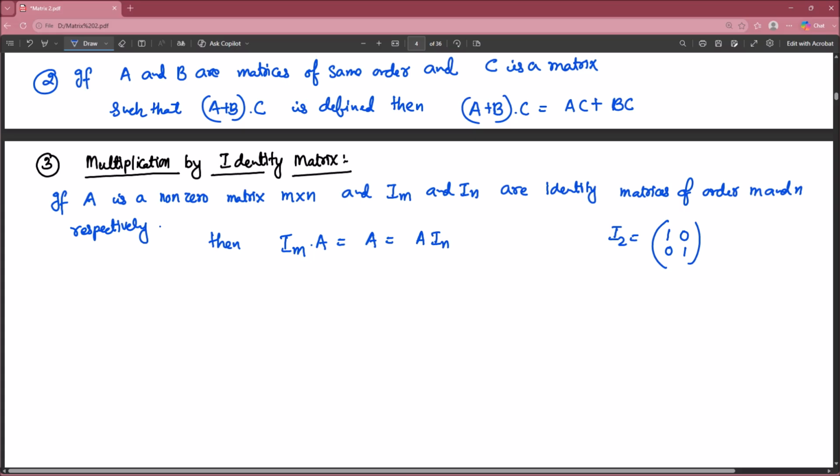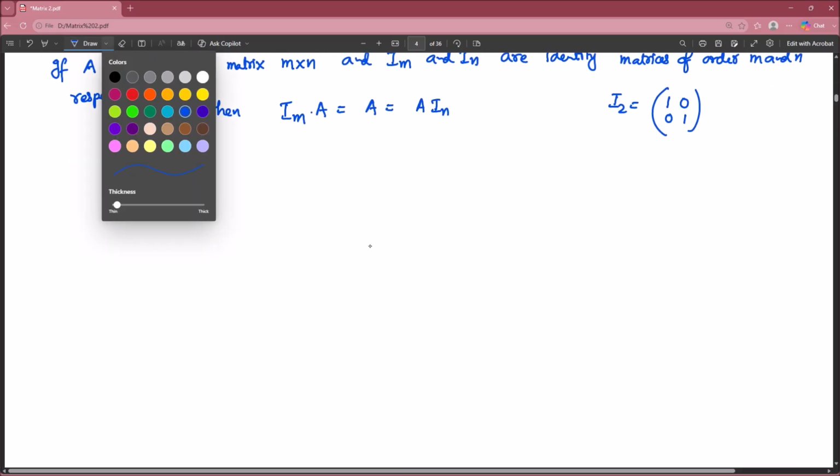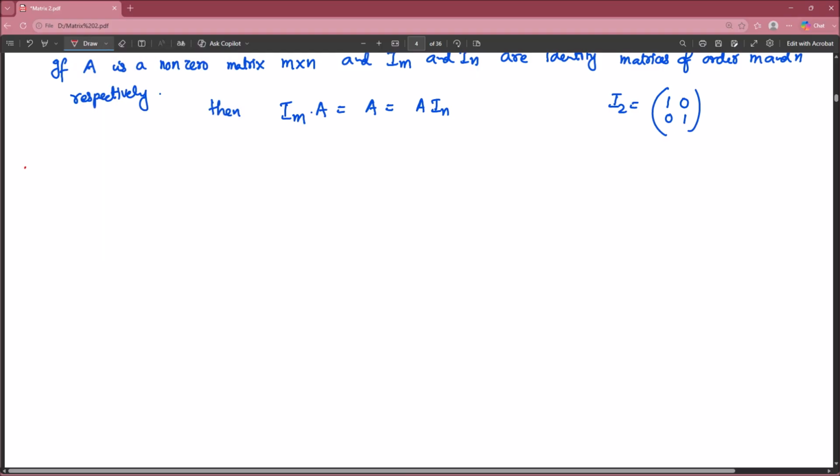Now, next is the positive integral powers of matrices.